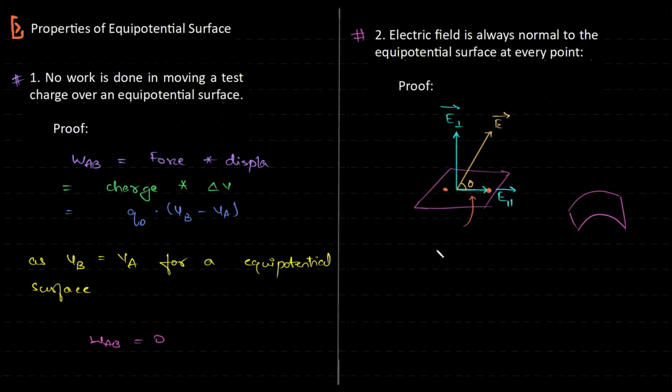But there is a force acting against that movement, acting opposite to that movement, or in that direction itself. But anyways, in this case, it's acting, say, from point A to B, opposite to our charge's movement.